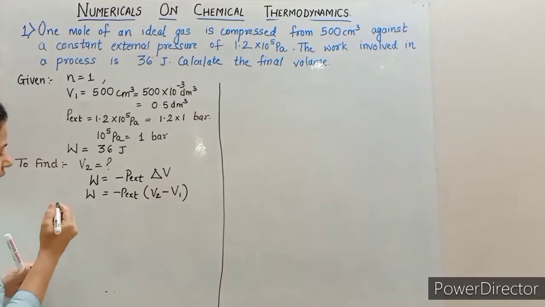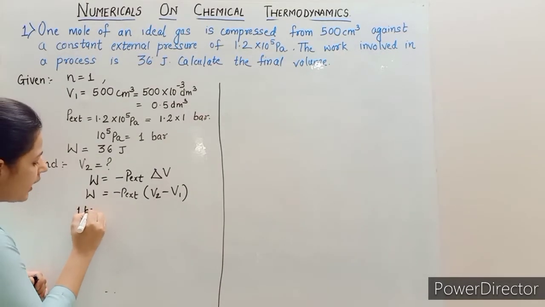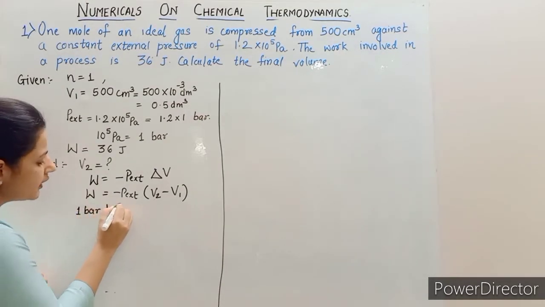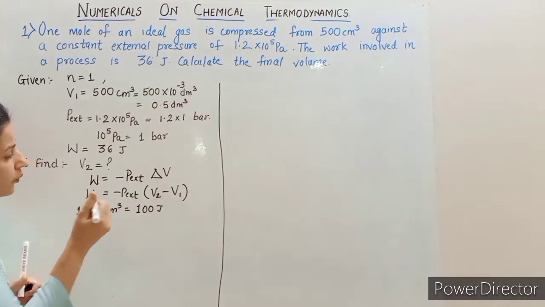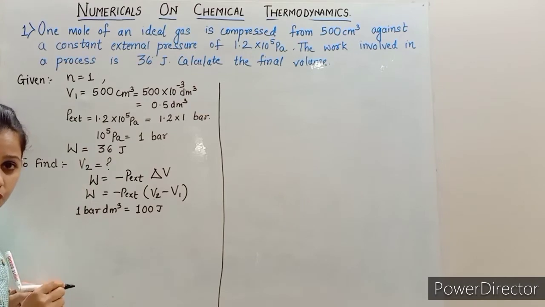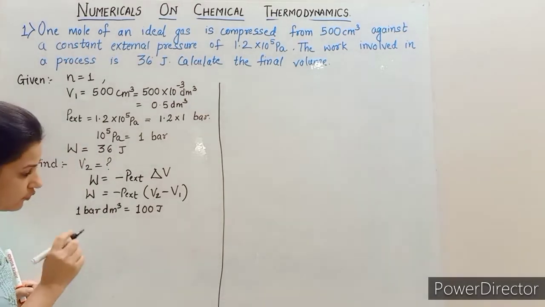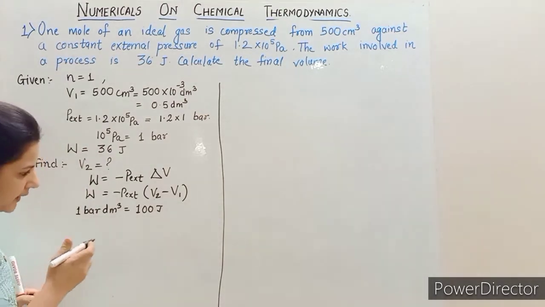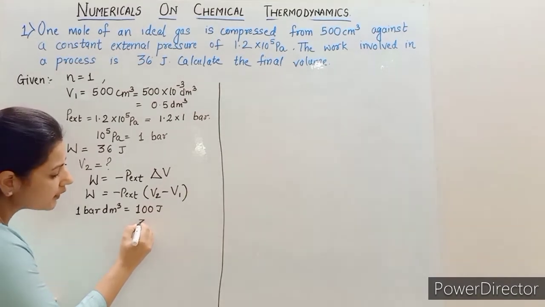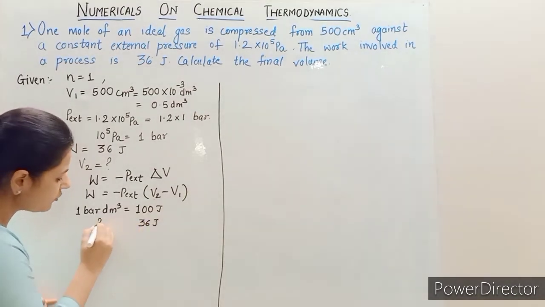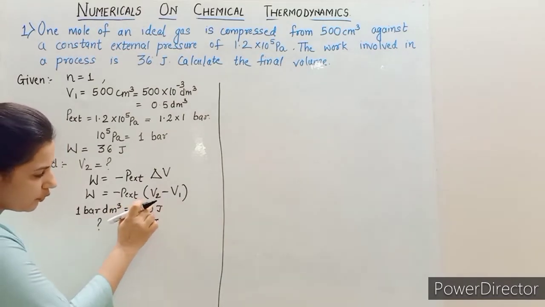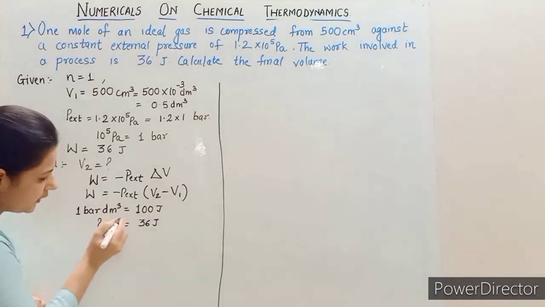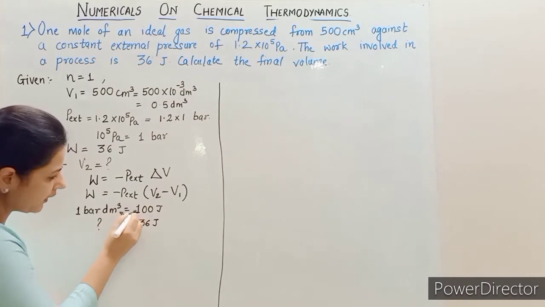How? We know that 1 bar dm cube is 100 joules. Okay? Now we have been given W is equals to 36 joules. Okay, so we have to convert it into bar dm cube. So 36 joules will be how much bar dm cube? Yes, this is the question. So this will go here over here. What we are going to do is cross multiply.